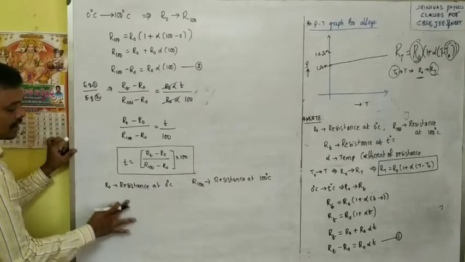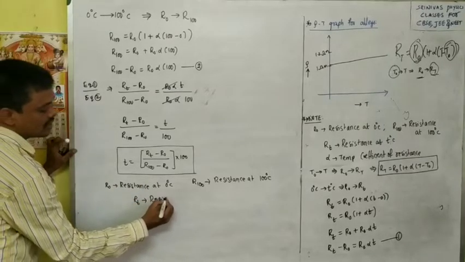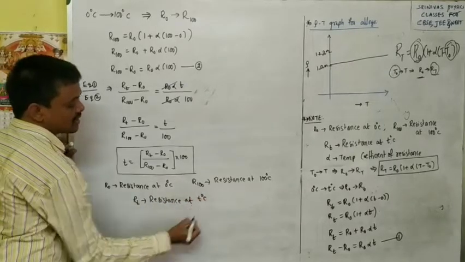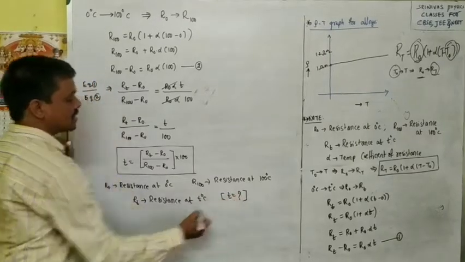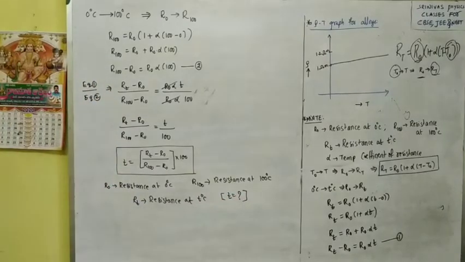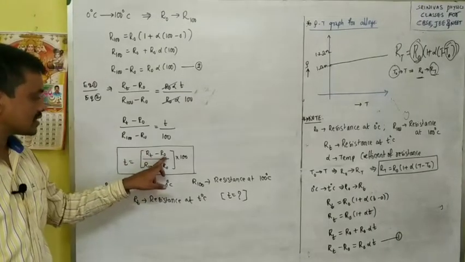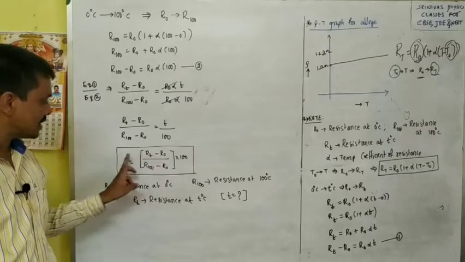Rt is the resistance at t degrees Celsius. This t I want to find out. For that the formula is that one. R0 is the resistance at 0 degrees Celsius, R100 is the resistance at 100 degrees Celsius, Rt is the resistance at t degrees Celsius.